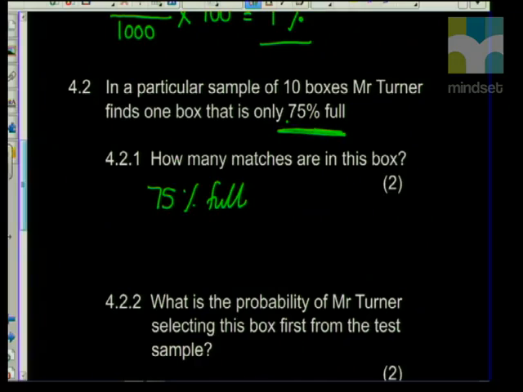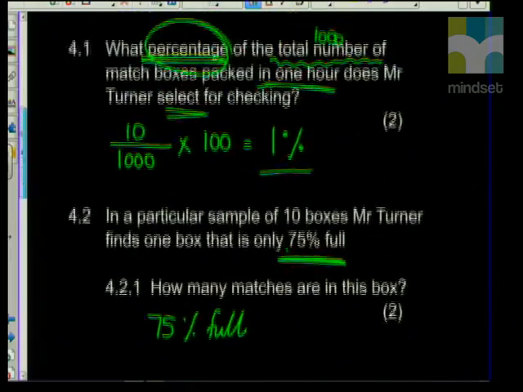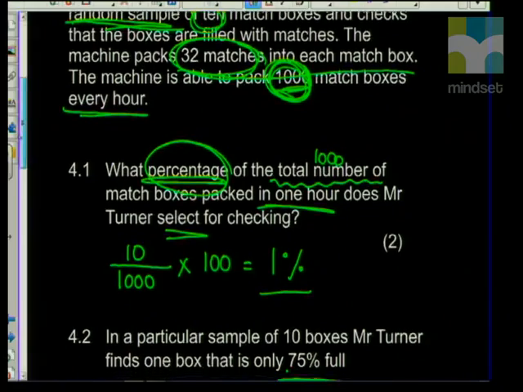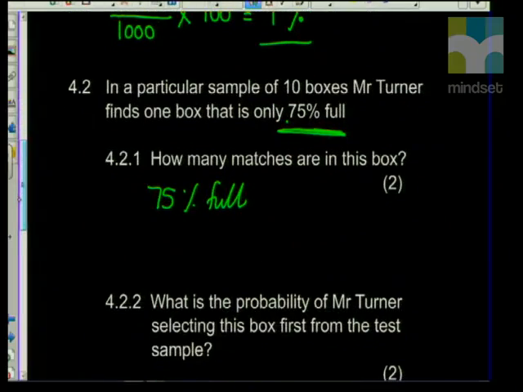I now need to go back to my original question and find out how much is a full box, because I need to know how many matches there were to start with. And you see that it says 32 matches. So a full box is 32 matches, and this is only 75% full. So we know that a full box is equal to 32 matches.